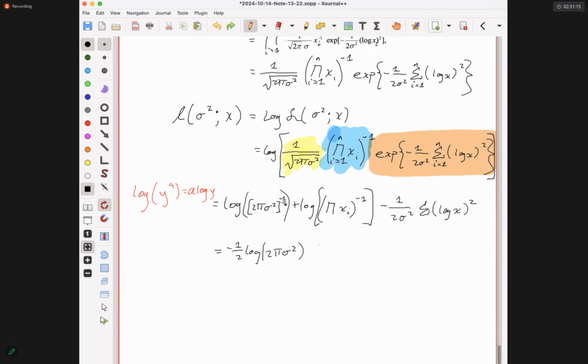Our next thing, same deal. Minus log product of the xi's. And then this thing here stays the same. And there's one more thing that we can simplify.